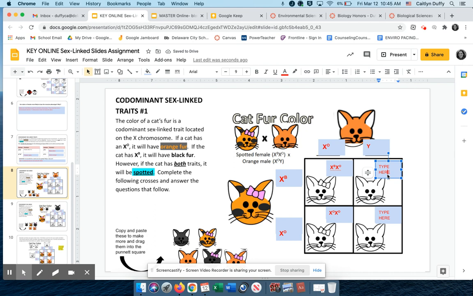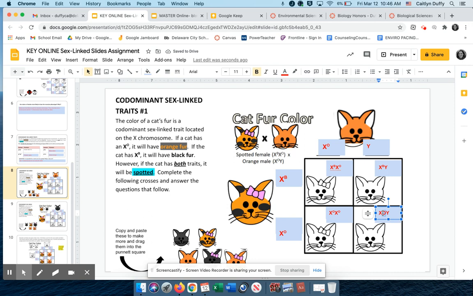And then right here, we are going to have X^B Y and X^O Y. X^B Y. And X^O Y. All right. Make that a superscript.